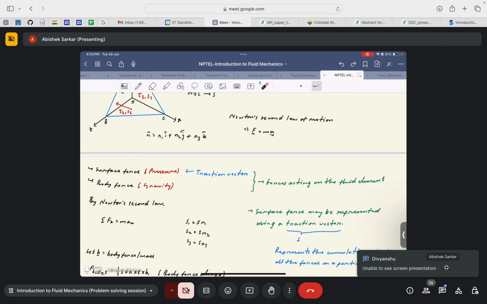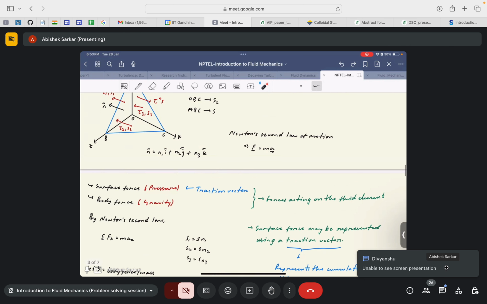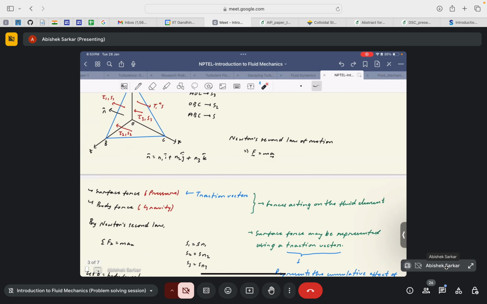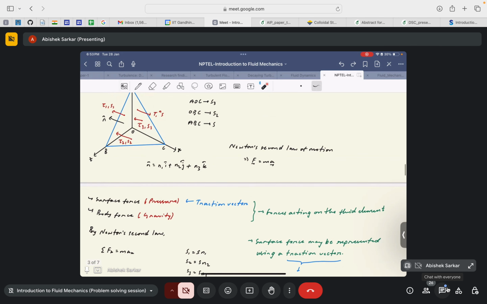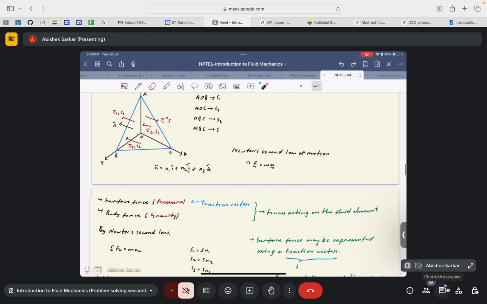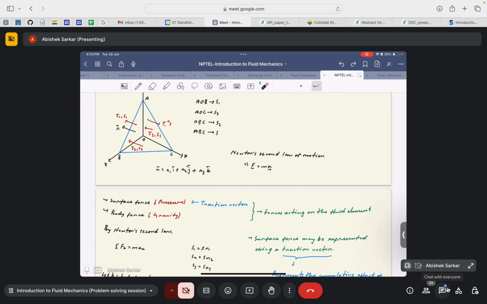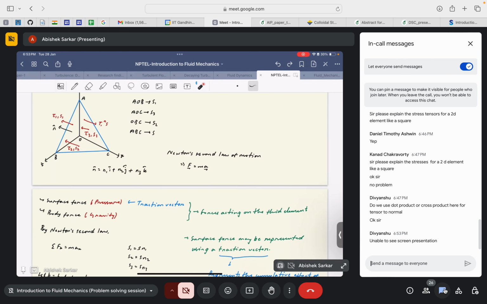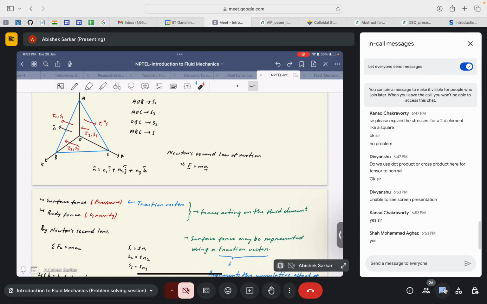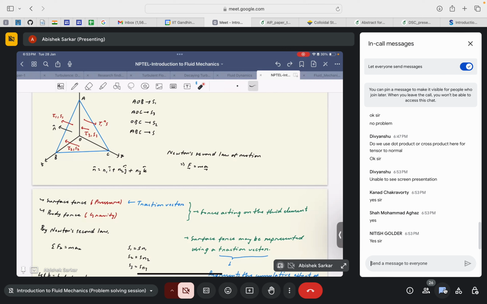Unable to see screen presentation. Is no one able to see, or it shows that I'm still presenting. Are others able to see the screen? Please someone say yes or no, otherwise I have to reconnect. Okay, Kanad is able to see it. Divyanshu, are you able to see now? Thanks Nitish.